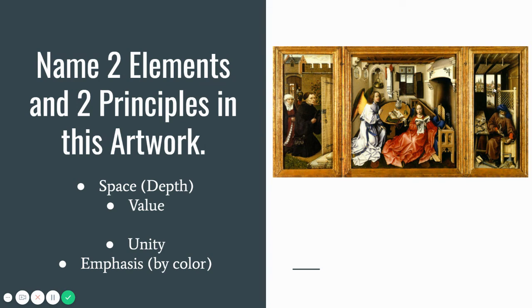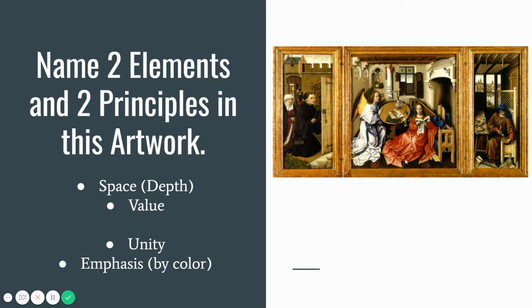Okay, so there's space and depth, and then I chose value. Lots of value. Look at all this drapery, right? This is showing tons of values. You have a wide array of that grayscale.